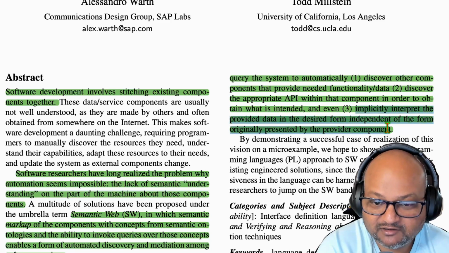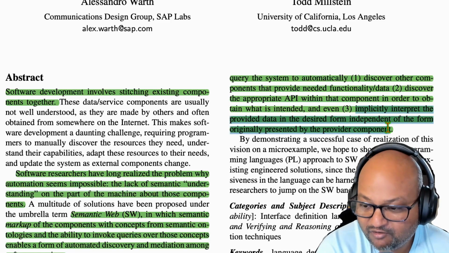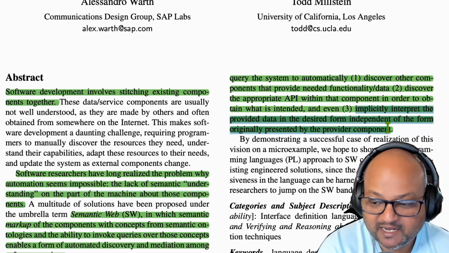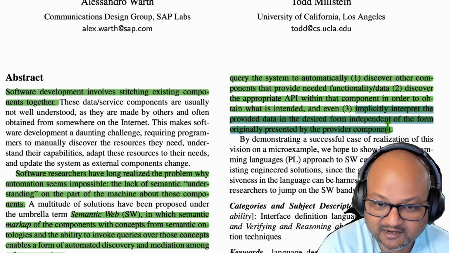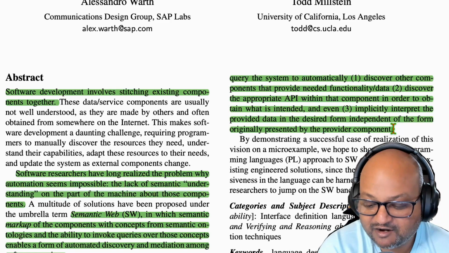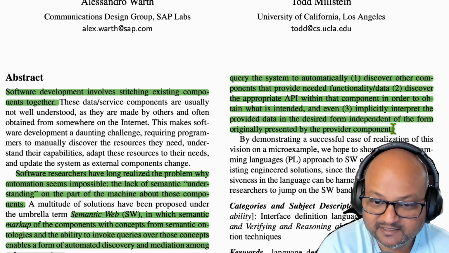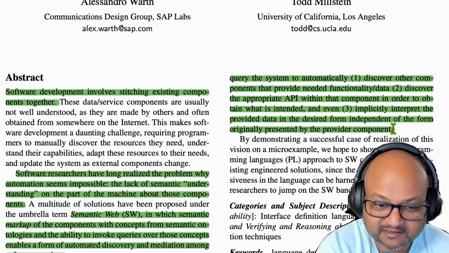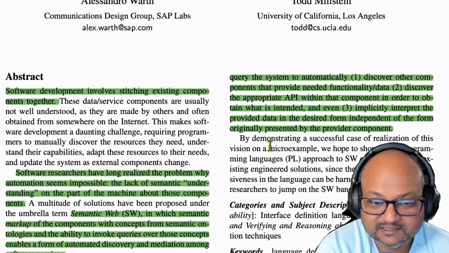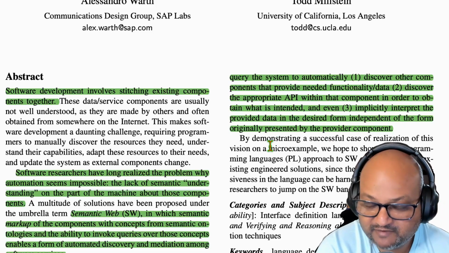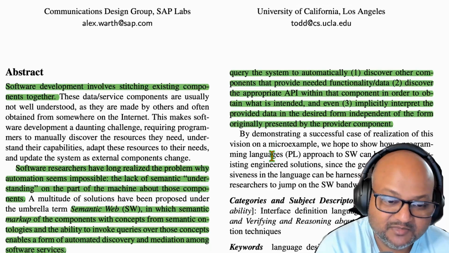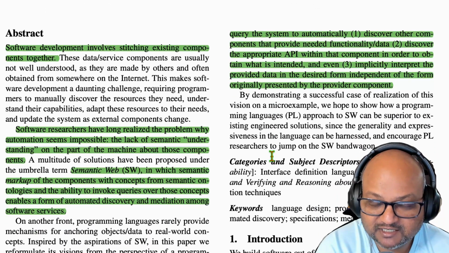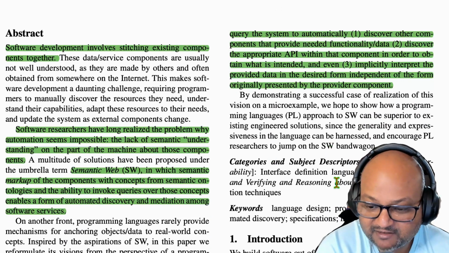And then also, once you've found the call within a component, you have to then maybe change the data going in and out of that call, because it might not accept data in the exact same format that you have, or return it in the same format that you need. And all these steps in current software development are done manually. But the authors are saying that you should be able to do this declaratively at runtime.